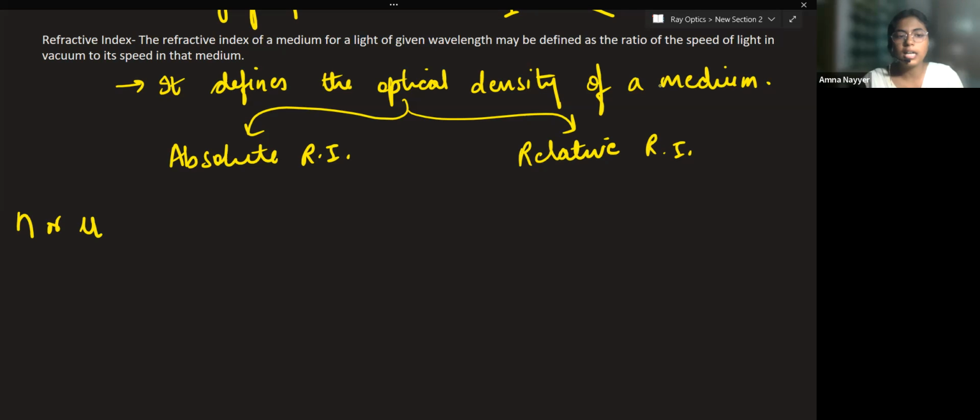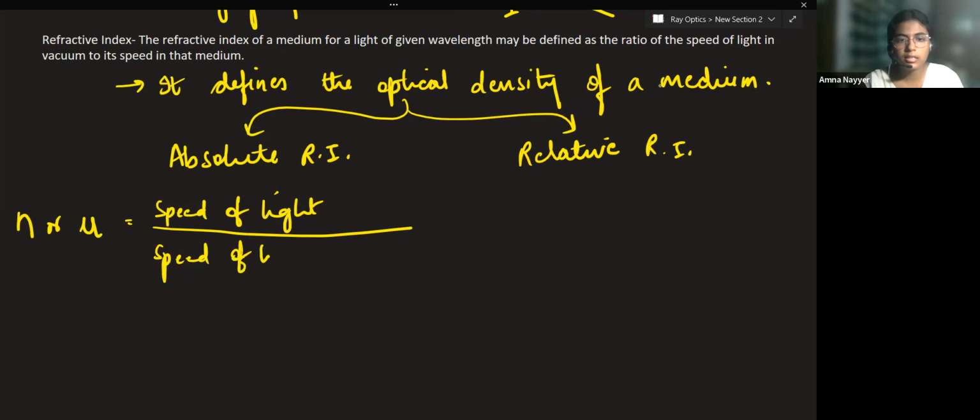Now, this is what I have told you. It's the ratio of speed of light. One of the media becomes air. So in air, the speed of light, and the speed of light in a medium, a random one. The speed of light in air, we all know, is c.